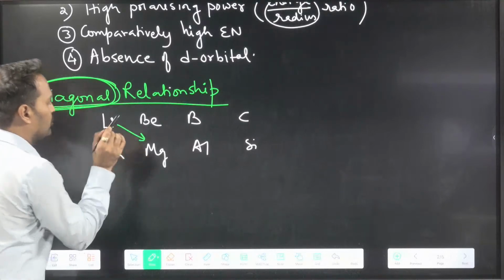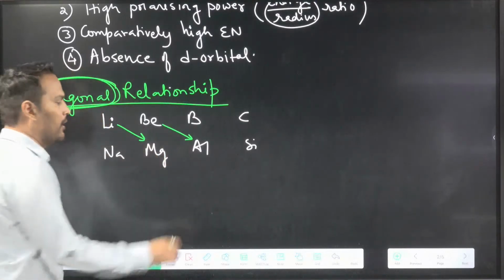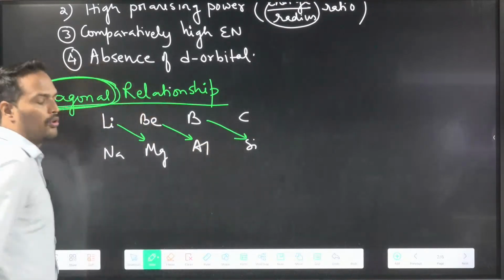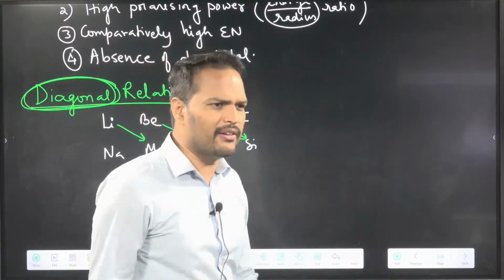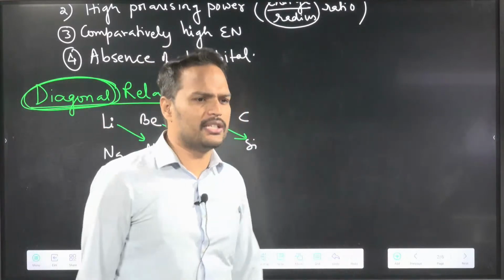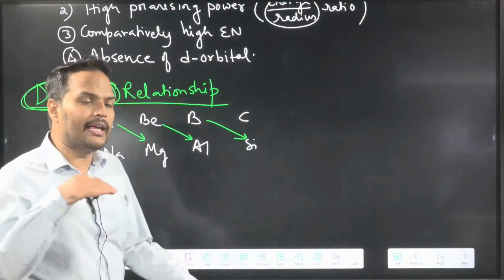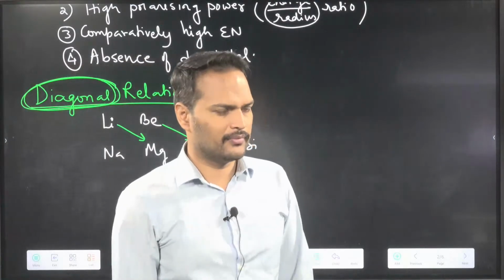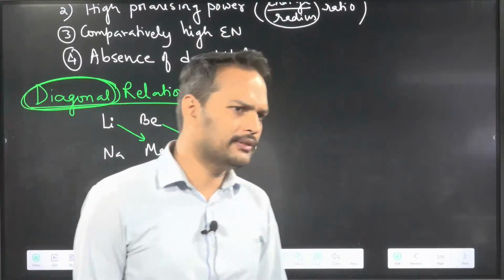Lithium is similar to magnesium. Beryllium is similar to aluminium. Boron is similar to silicon. Although it is not valid everywhere. So in few limited cases you will find this. So what we are seeing here is that diagonally it is matching.